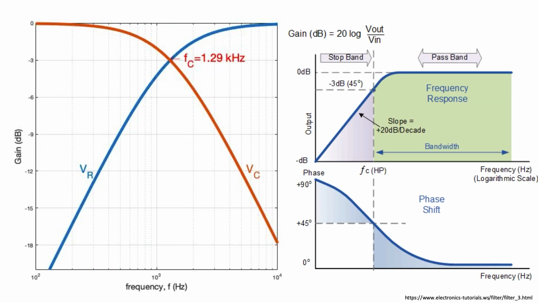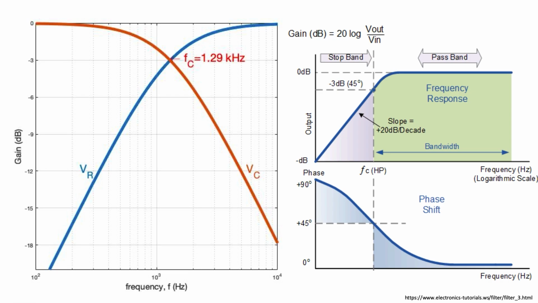Engineers love to put such curves in terms of gain in units of dB, and the gain is computed by taking the logarithm base 10 of the ratio of the output voltage to the input voltage and then multiplying it by 20.